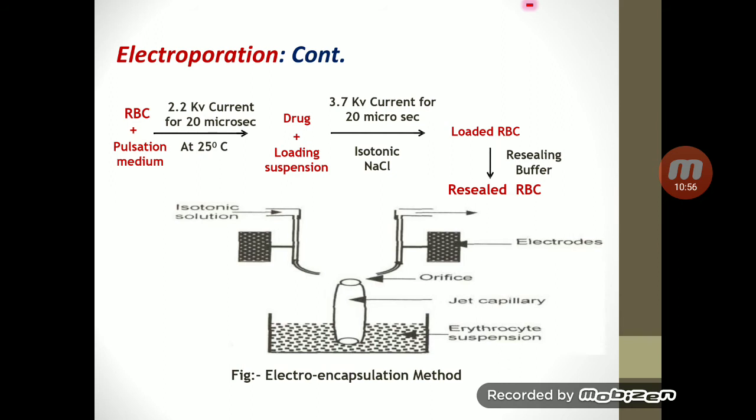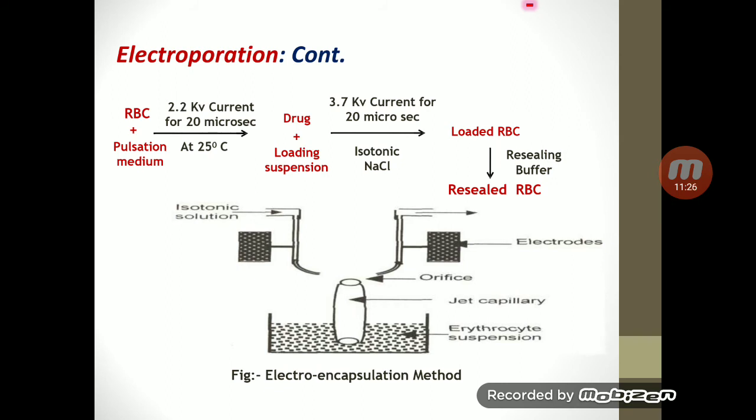Through those openings your drug loading suspension will get inside, and then these drug loaded RBCs we have to expose again to a current for 20 microseconds of 3.7 kilowatt with isotonic NaCl. When the loaded RBCs are kept in an isotonic NaCl resealing buffer, it will reseal the RBCs, and we can get resealed RBCs with the drug loaded.